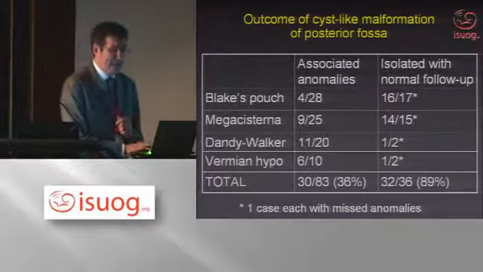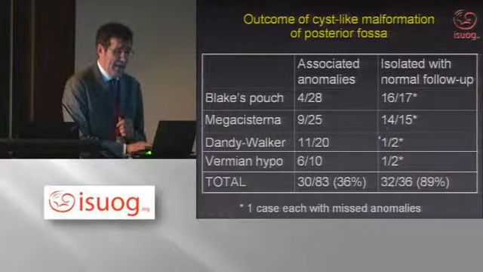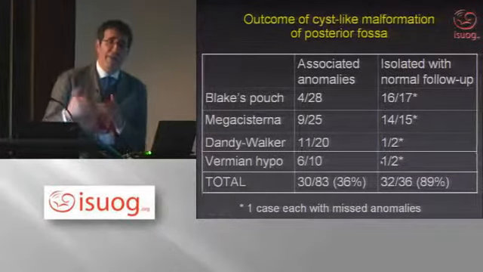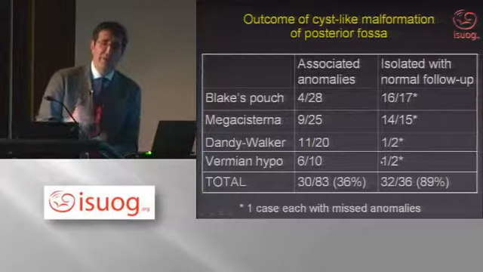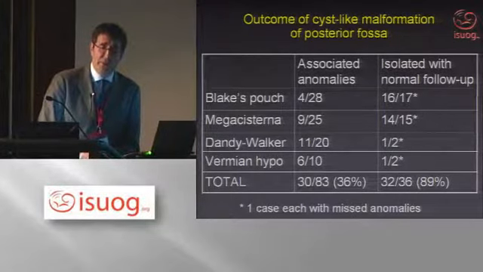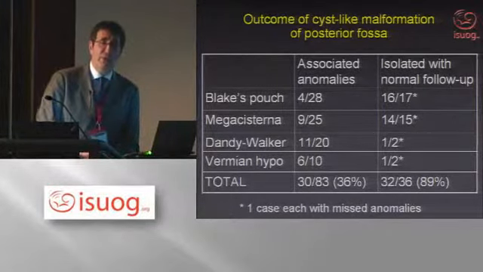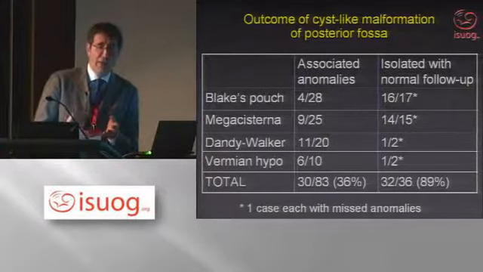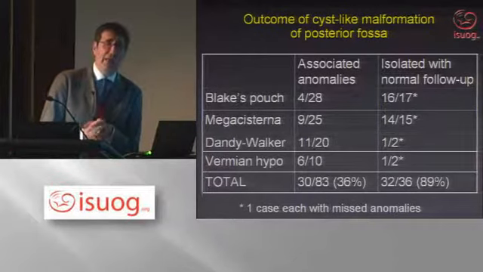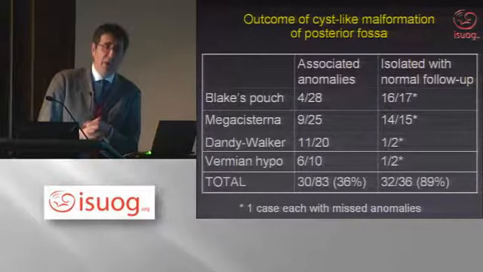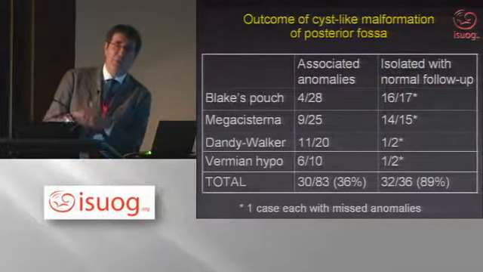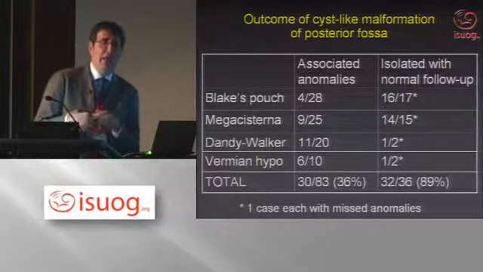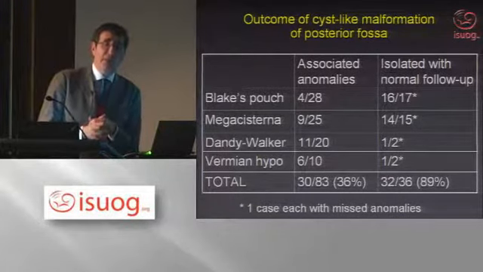But we were rather surprised to find that the most significant difference among all the groups was the frequency of associated malformations. That was quite rare with the Blake's pouch cyst, and it was almost normal with the vermian hypoplasia and the Dandy-Walker malformation. When you take out the cases in which there were isolated malformations, all infants performed rather well.